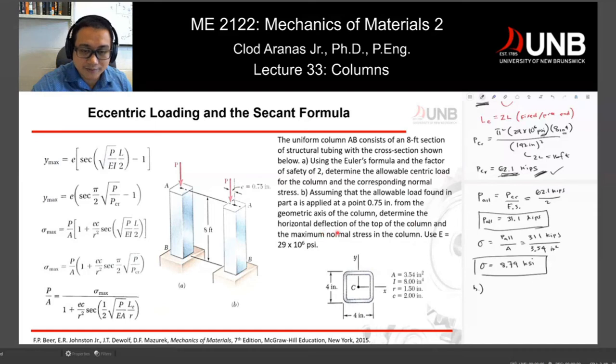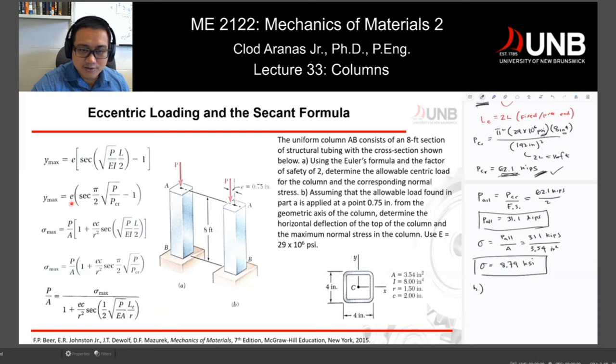Determine the horizontal deflection of the top of the column and the maximum normal stress in the column. And if you think about it, the maximum deflection for this type of connection is right at point A. So you can calculate Y max, which is at point A. So determining the horizontal deflection is Y max.